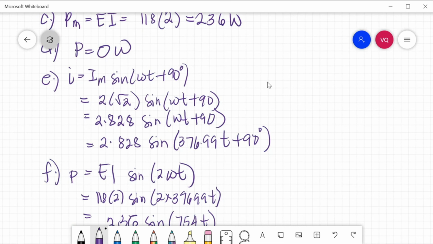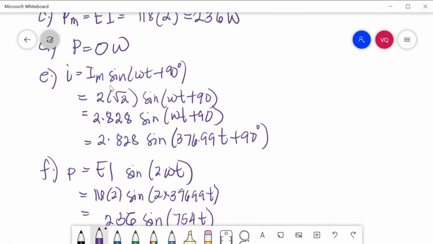For the equation of the instantaneous current, i is equal to Im sine of omega t plus 90, or Im sine of omega t plus pi over 2. Our RMS current is 2 multiplied by square root of 2 to become Im, that is 2.828 sine of 376.99t plus 90 degrees, or pi over 2.